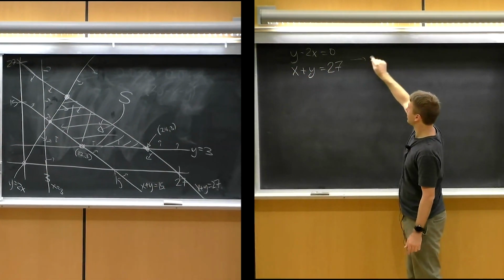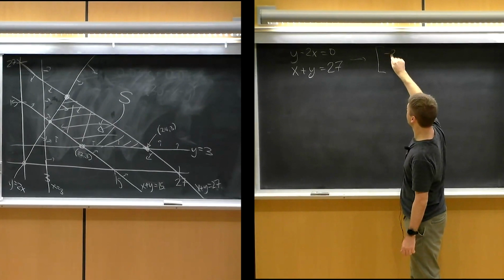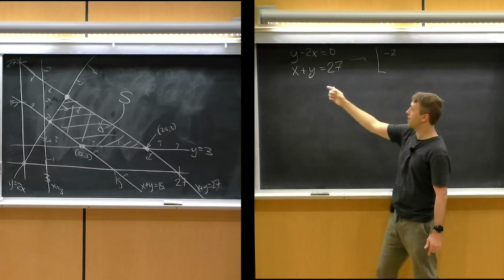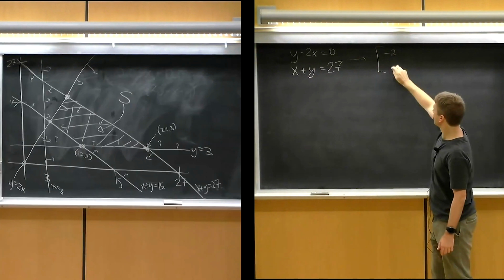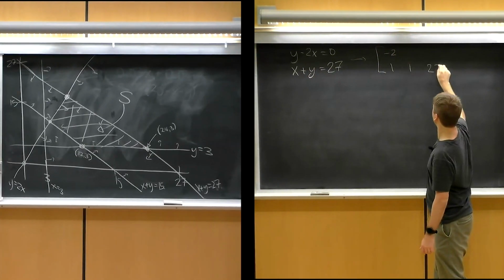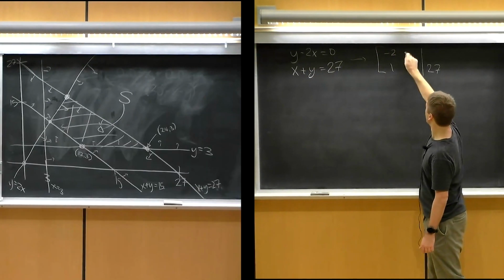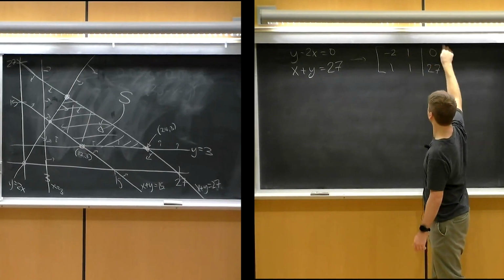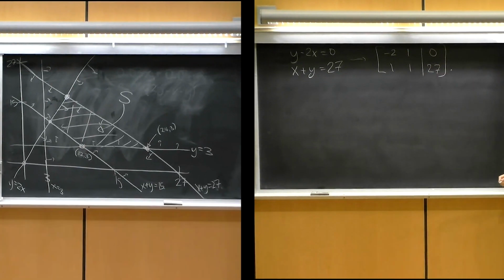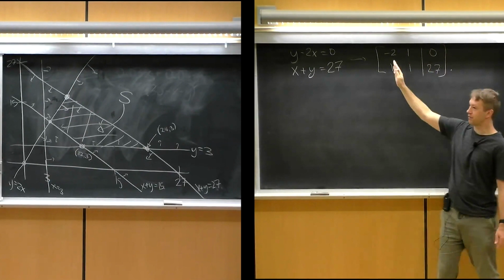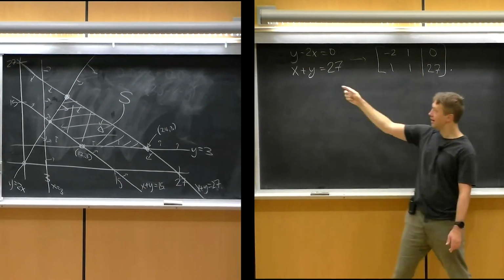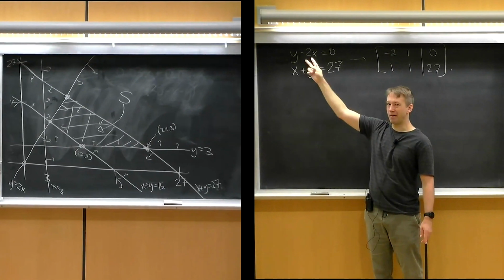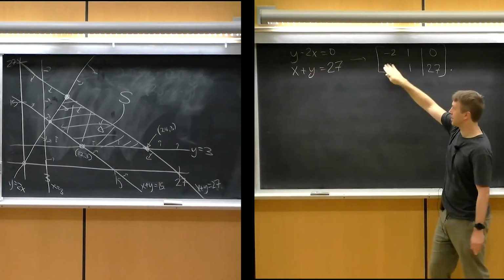If I throw that in a matrix, we've got minus. One thing is you need to make sure you've got the right order. I'm going to make my first column the x column, and this one the y column. Notice I've got these kind of backwards in some sense, so you've got to make sure you put them in the matrix correctly.